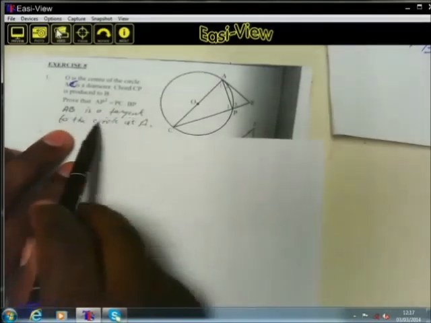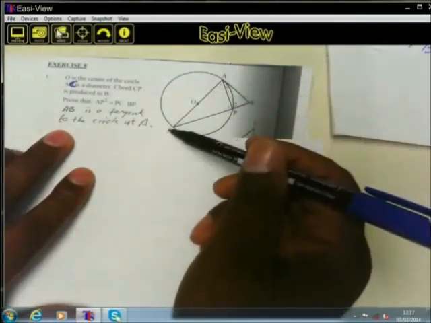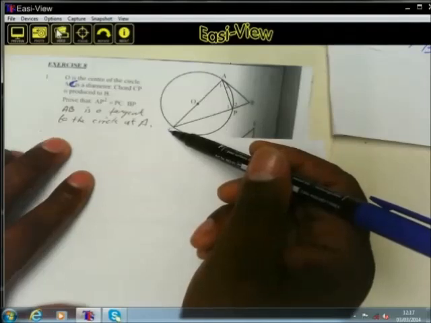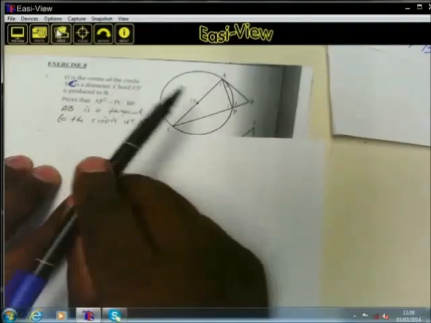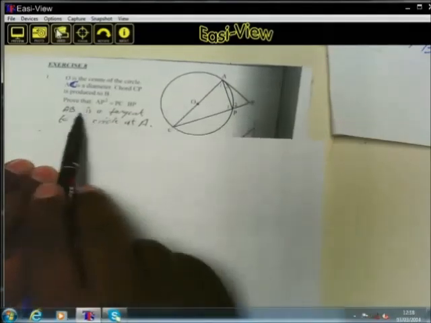AB is a tangent of the circle at A. AC is a diameter. Chord CP is produced to B. We prove that AP squared equals PC multiplied by BP. Just the question, just like that.